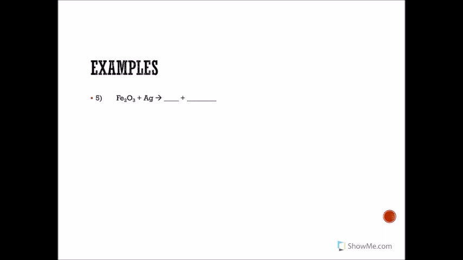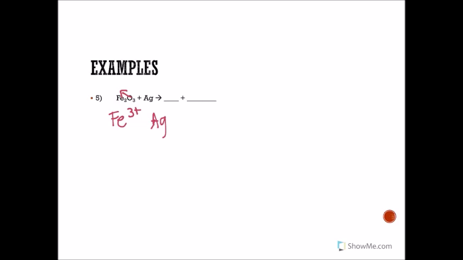Let's double check this one just to see if it is no reaction or not. We have iron, and now this one we need to be a little bit more careful with. Iron 3, right? This 3 belongs to the iron, so we need to look up iron 3 plus and silver. And silver is the one by itself.